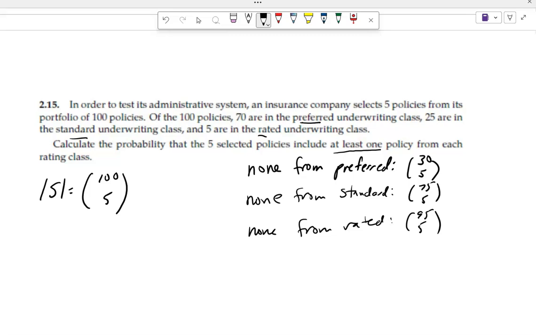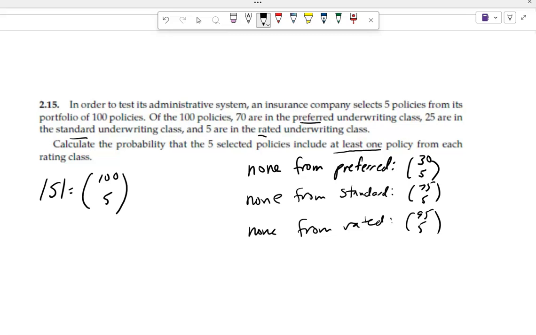Now we have to be a little bit careful with this too. Why do we have to be a little bit careful? Is there any overlap among these things? Yeah, there's some overlap, right? For example, I could have none from the preferred and none from the standard at the exact same time, couldn't I?